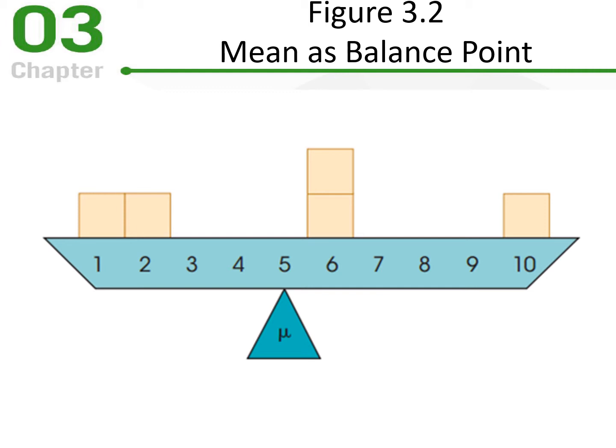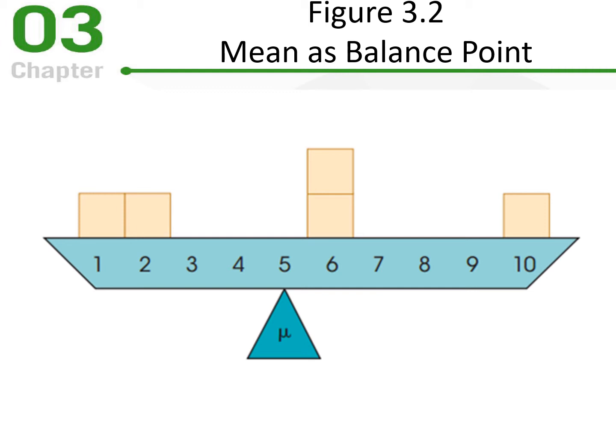This is a simple machine in physics, right? The fulcrum on the bottom here. If you were to balance this out, you would put the mean around 5. So 5 would be the balancing point.